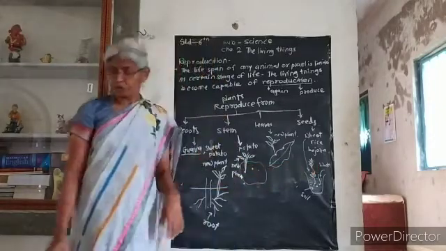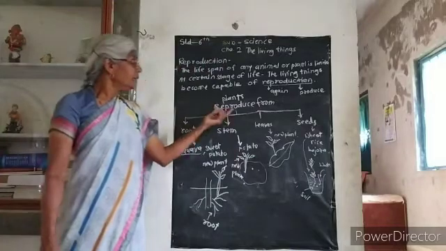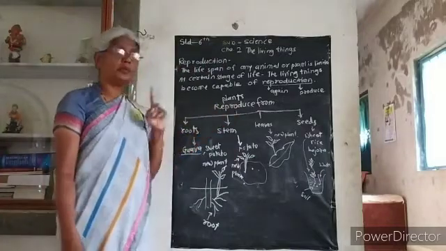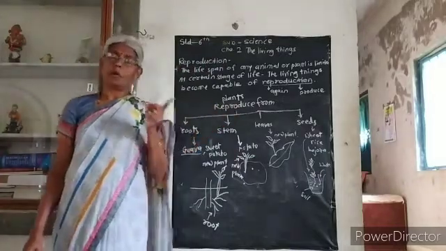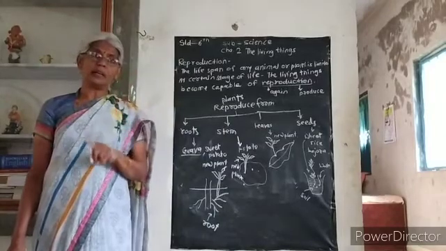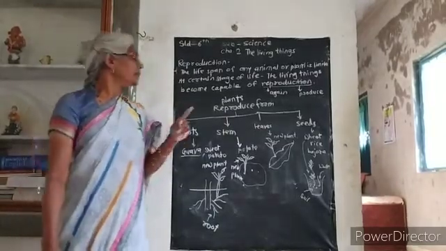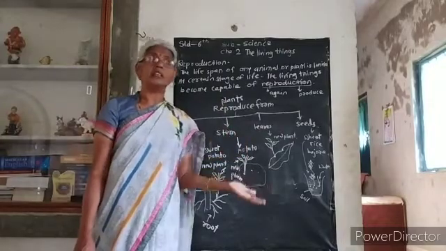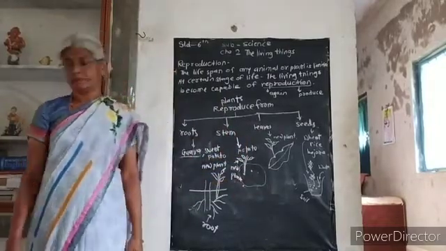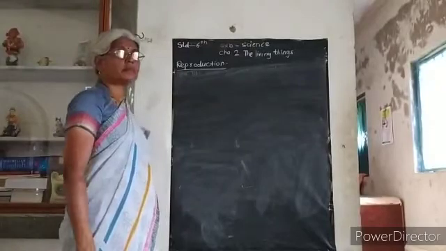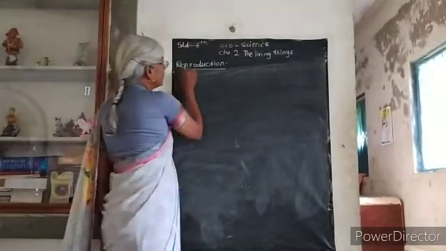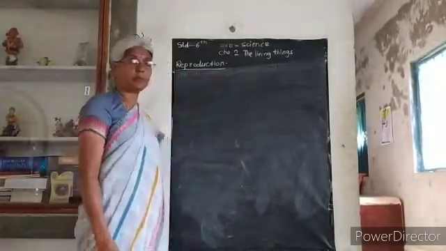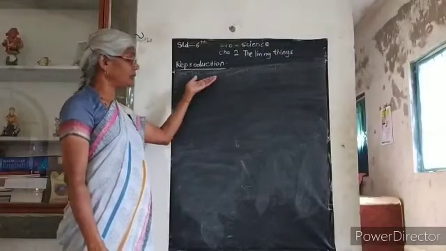Means we know that in the case of reproduction, every living organism forms or produces other living organisms which look like themselves and not other species. We see the definition of reproduction.